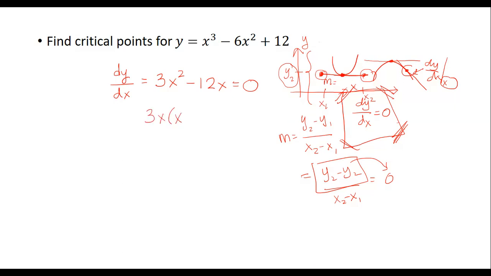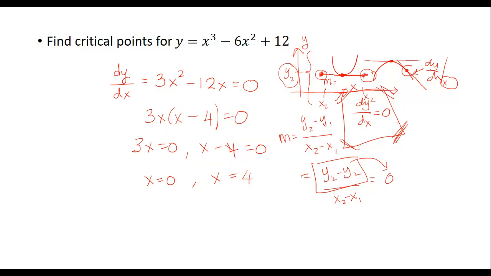Then you equate 3x equals 0, and your other one, do not forget, x minus 4 equals 0. From here you know that x equals 0 and also x equals 4.